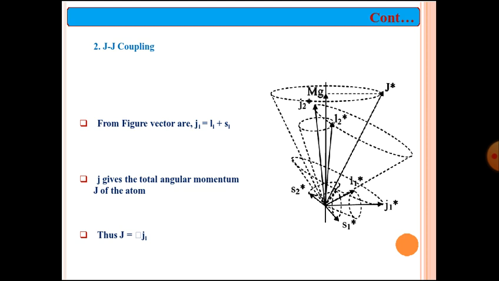That means the small ji vector equal to small li vector plus small si vector. The vector sum of all the individual small j vectors gives the total angular momentum capital J of the atom. Thus capital J equal to summation small ji. This type of coupling exists mainly in heavy atoms. Here the figure also shows the JJ coupling directions.